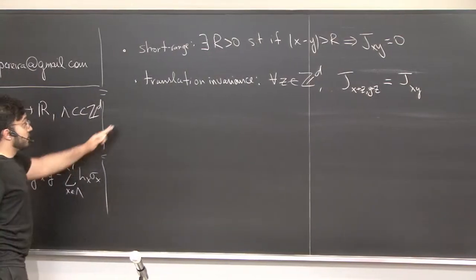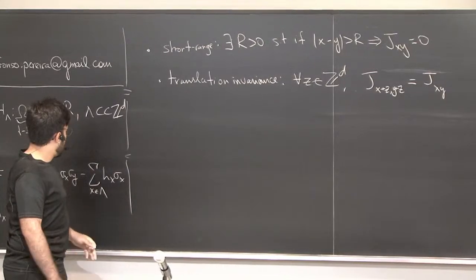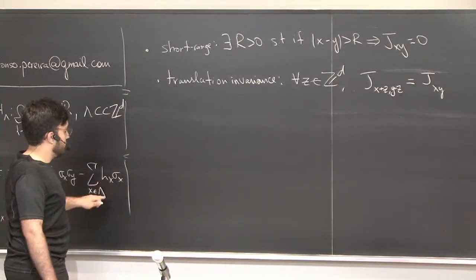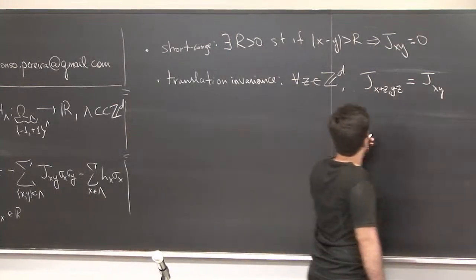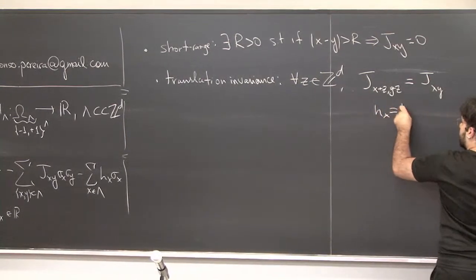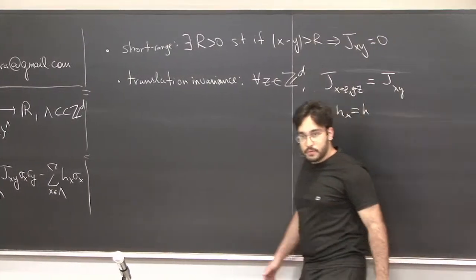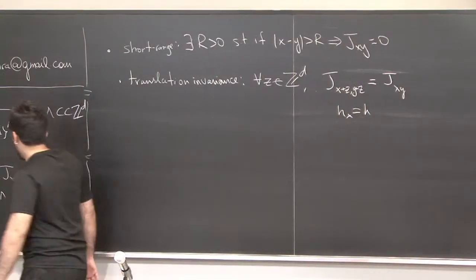Notice that the translation invariance also means that the field is constant. So h_x equals h, as Kelvin noticed yesterday.